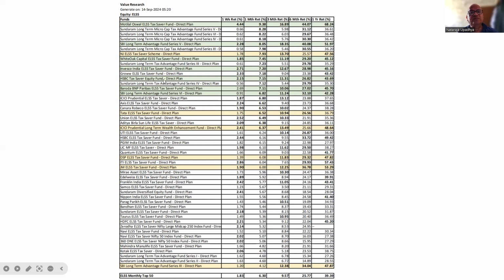HSBC Tax Saver Equity Fund, 2.15 for the week, 7.15 for the month, 43.69% for the year. Baroda BNP Paribas ELSS Tax Saver Fund, 7.11 for the month, 45.70 for the year. SBI Long Term Advantage Fund Series 6, 6.82 for the month and 42.28. So that is ELSS funds for you.